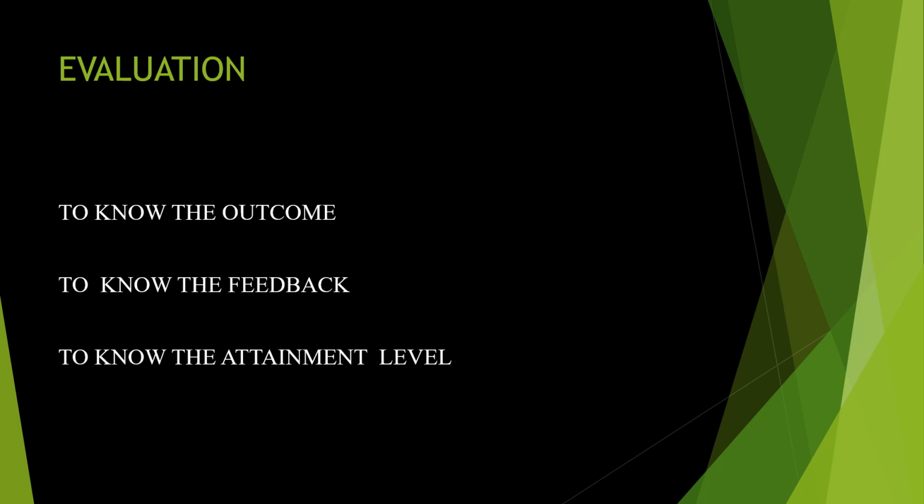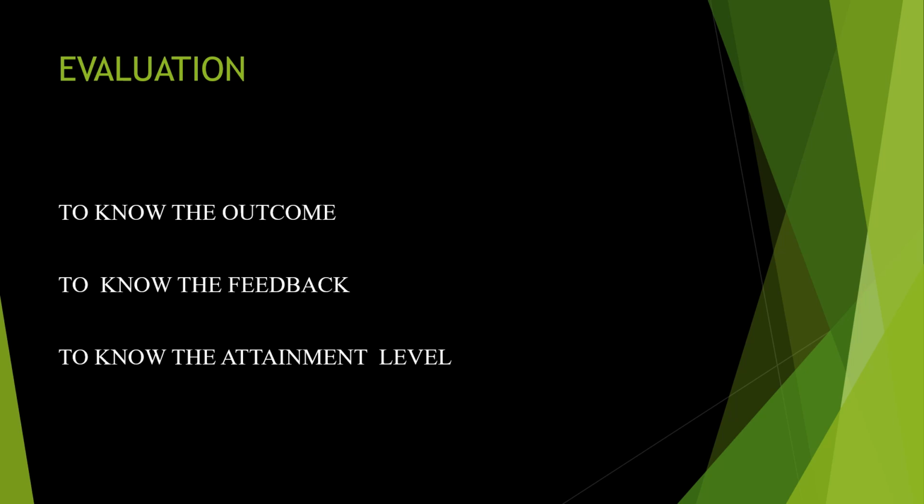So today we are going to deal with the different types of evaluation. I think you are very clear about evaluation. Evaluation is the outcome of a process, a feedback of a process, or the attainment a learner has got in his learning process.